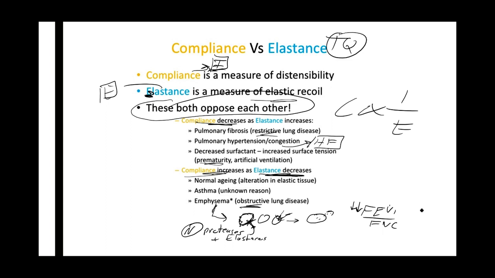As a reminder, an obstructive pattern would have something like 2/4 for this ratio, or 0.5, or like 50%. So it does decrease both, but this is the hallmark of the obstructive disease. Remember, asthma is also an obstructive disease. And normal aging, this makes sense. You lose some elastance as you get older.